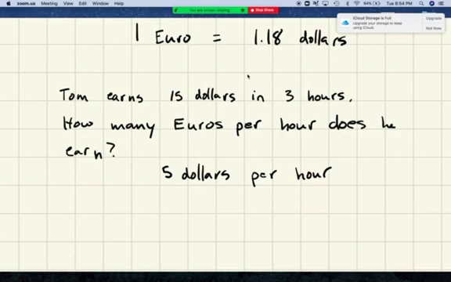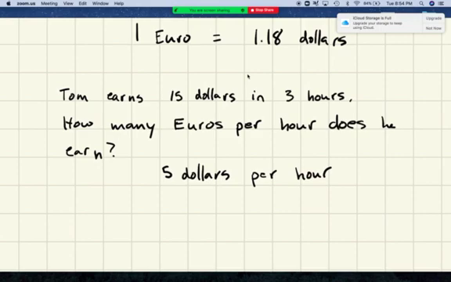Let's see, 5 times 1.18 equals. So €1 equals $1.18. So the dollars are worth more.